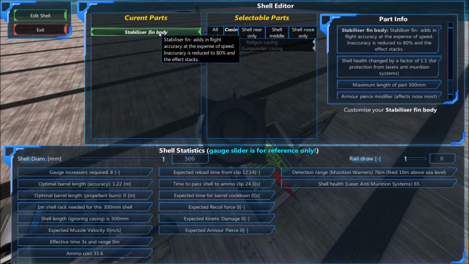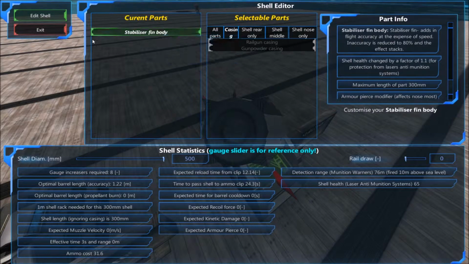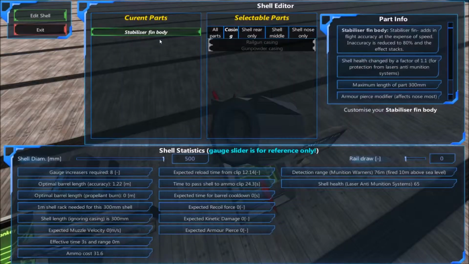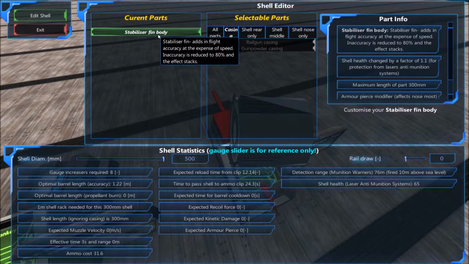But anyway, I wouldn't recommend using the stabilizer fins all too often, because generally the benefit of the stabilizer fin, which is the reduced inaccuracy, can be fixed or made better in so many other ways that it's hardly worth using. You could use tracers possibly.